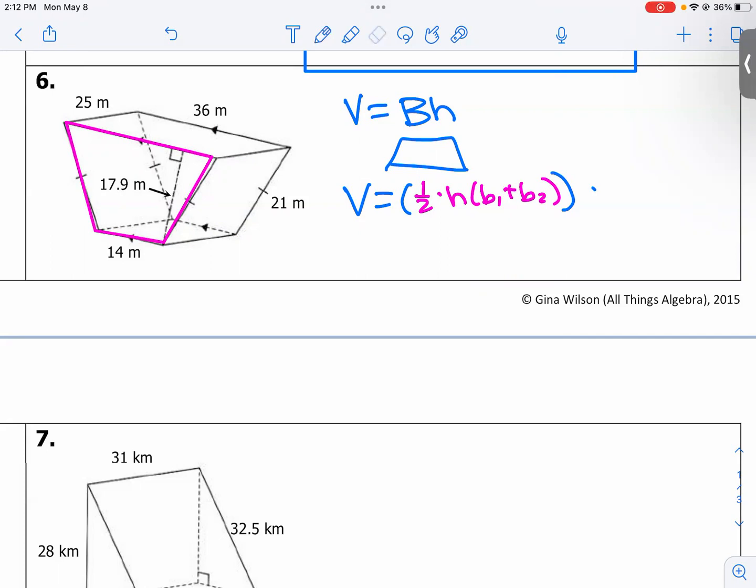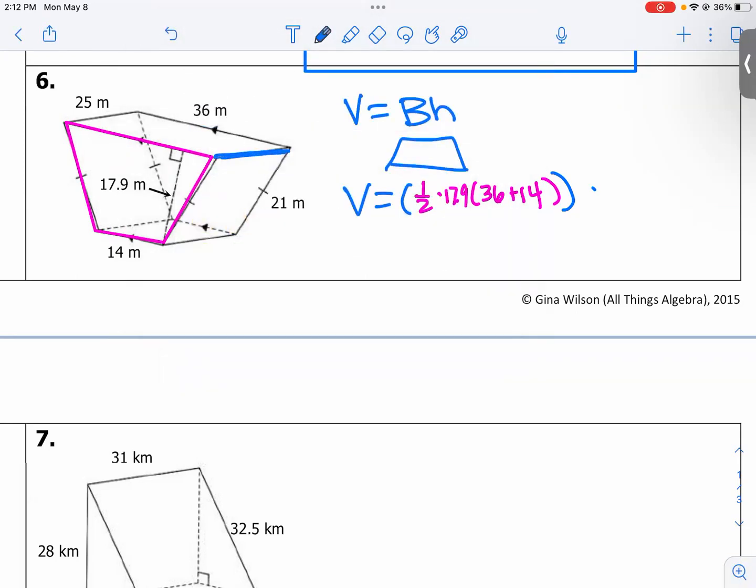What is the height of our trapezoid? 17.9. On our trapezoid, our two parallel sides are our bases. What are their lengths? 36 and 14. So this becomes 36 plus 14.